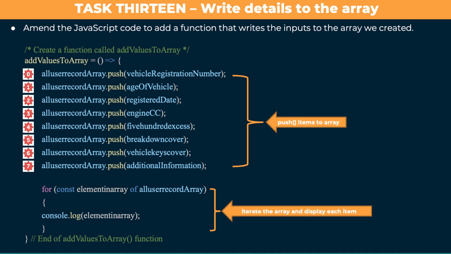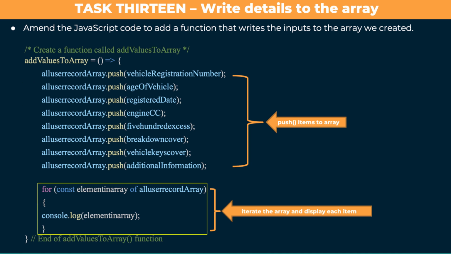To display what's in the array, we will now use an iteration and we will use the for. In this case, we're saying for whatever the variable is of type const in the array called all user record array, we want to print out whatever the element is. So for const element in array, that could be any name, A, B, C, whatever we want, of all user record array.